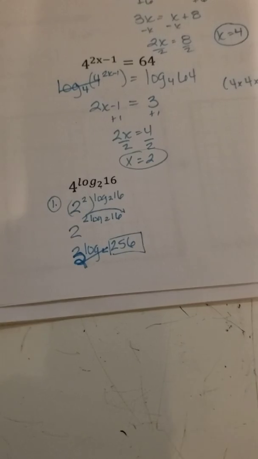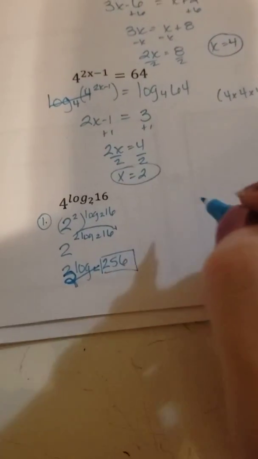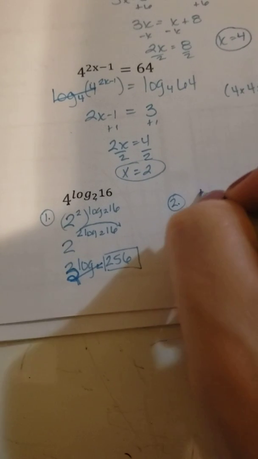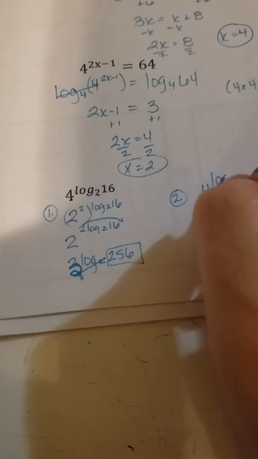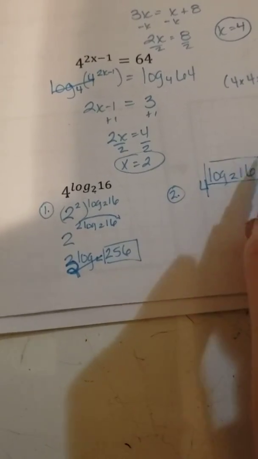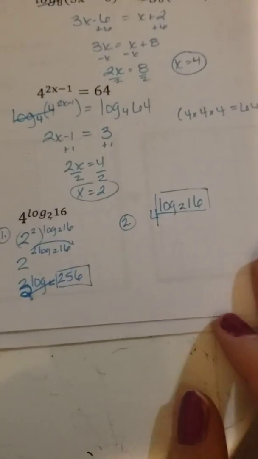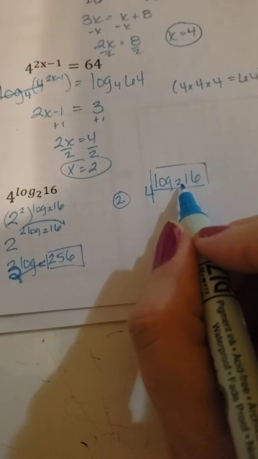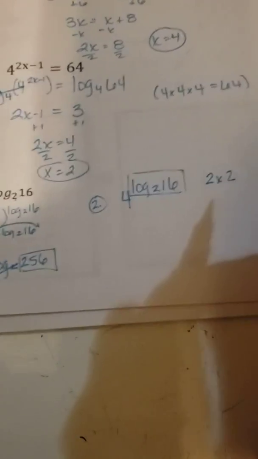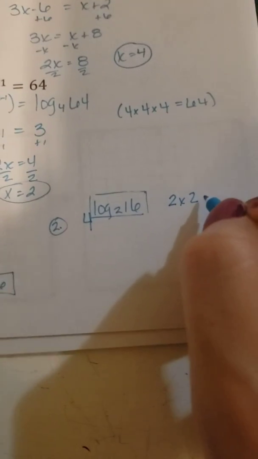But there is another way to do that. So this is method number 2. If I start with 4 to the log base 2 of 16, I want to evaluate my exponent first. So in other words, if 2 is my base, how many times do I need to multiply 2 to give me 16?